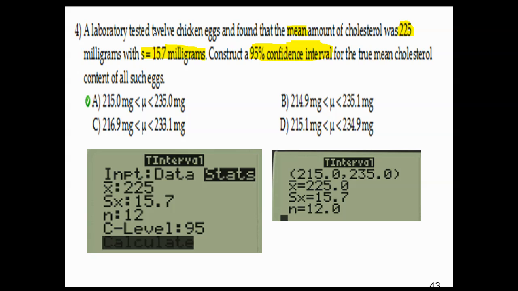There it is. Right here, he told me 12. Didn't use a numeral. He spelled it out. And it's still 12. 12 chicken eggs were tested. And 95% is the confidence level. And there it is, 215.0 on the low end, 235.0 on the high end. Spot on to the correct answer.